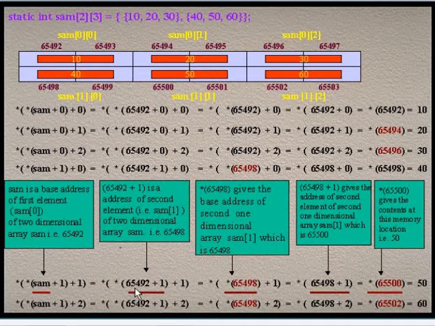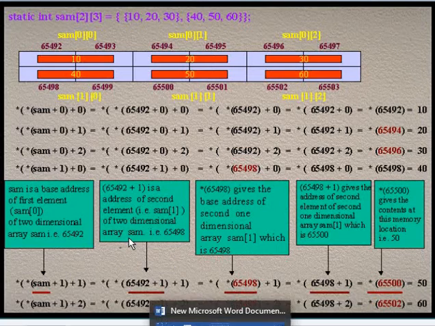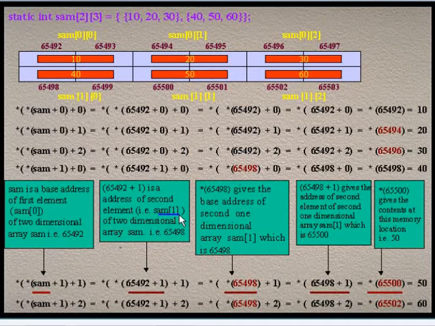Now we will calculate 65492 plus 1. 65492 plus 1 is the address of the second element of the two-dimensional array sam. The second element is sam[1]. Now see, we got this address.